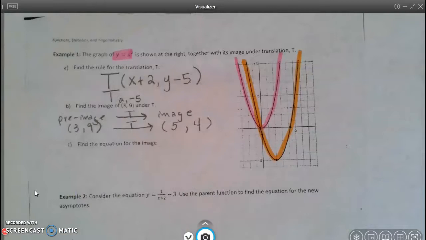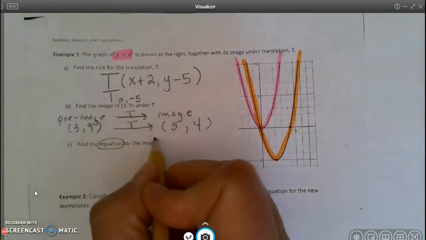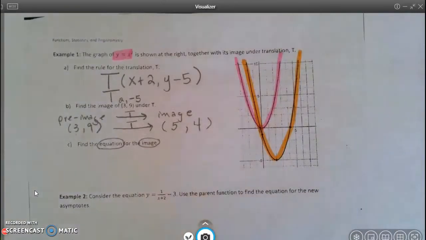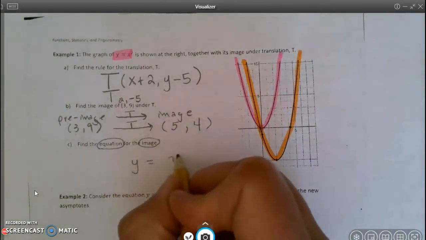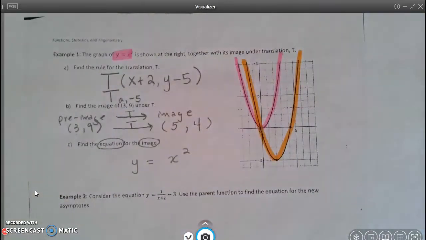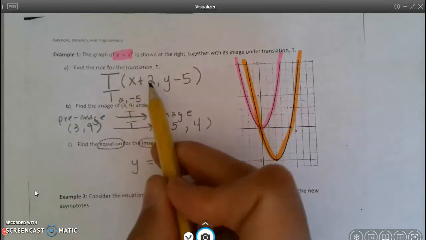All right, letter C. It says find the equation for the image. Well, I know I start off with y equals x squared. That's my basis. Then I am going to translate it, and it says to add 2 to the x.